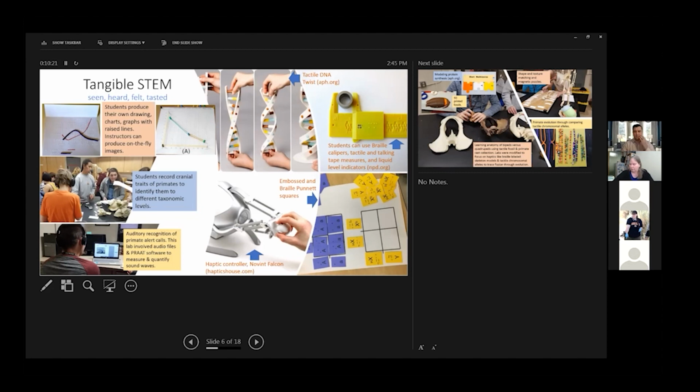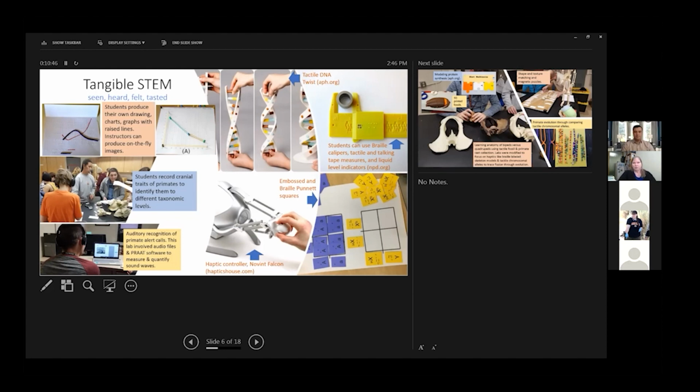Some of the more difficult points were when we were talking about genetics, and I made models of this before I realized you can go out and buy them. But there are very tactile models of DNA and things like that that you can manipulate and change according to your teaching needs. You can buy Braille calipers. You can buy talking tape measures.